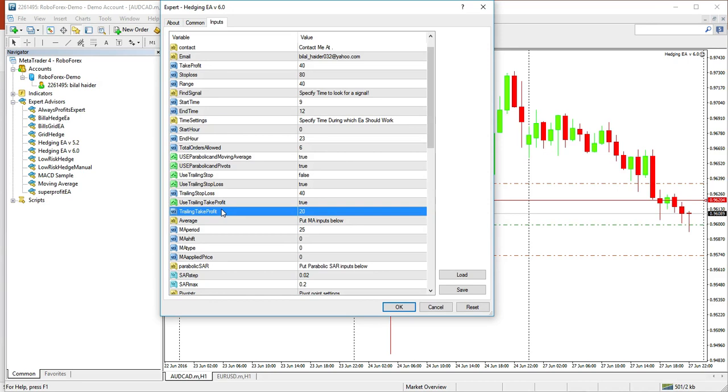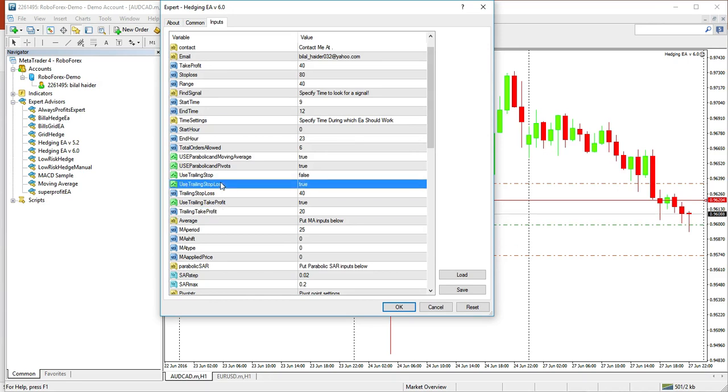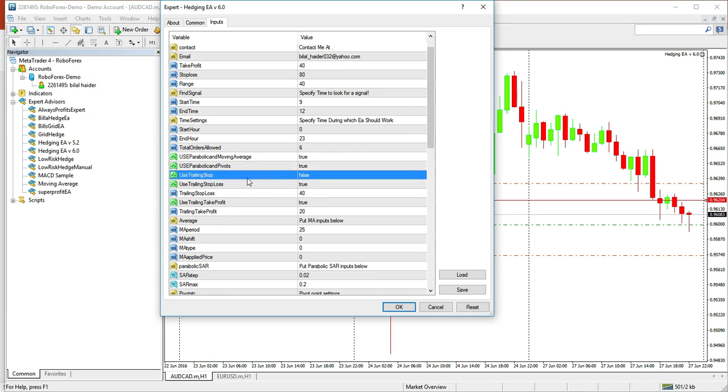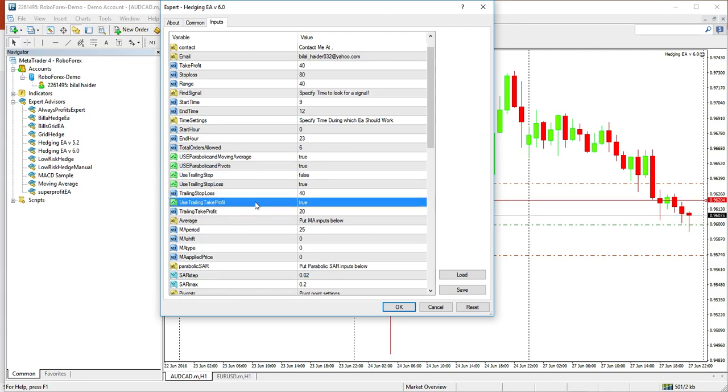So these four variables are handling this grid system. This variable controls all of them. If you set this to false, these variables will not be working for you.